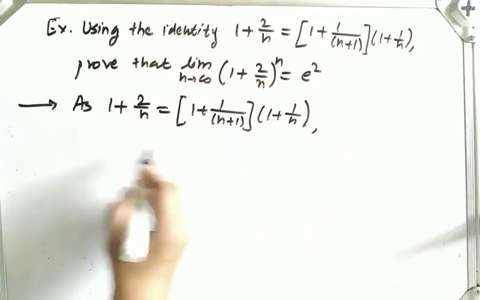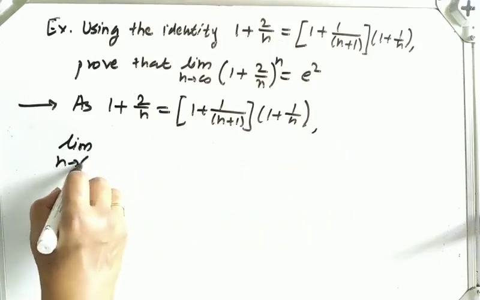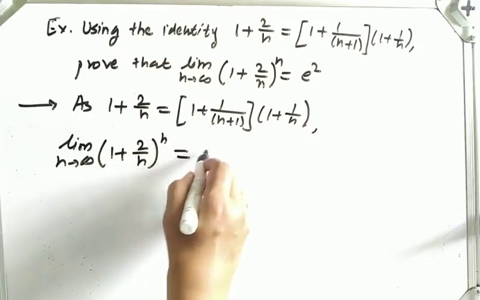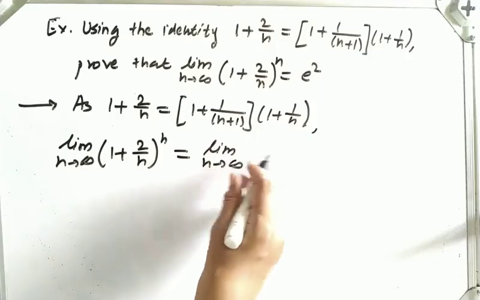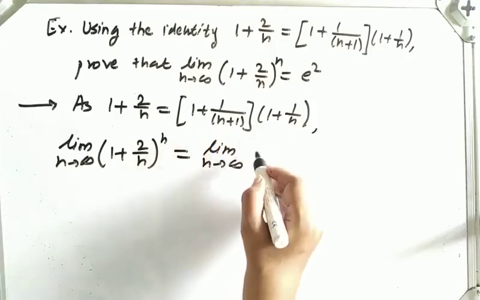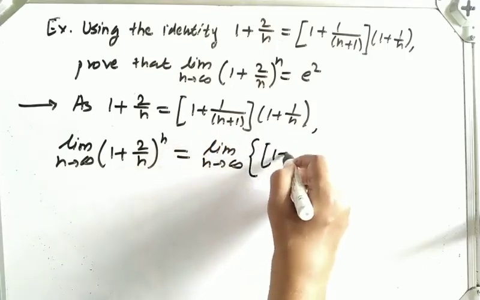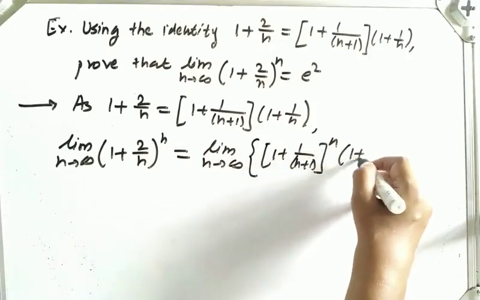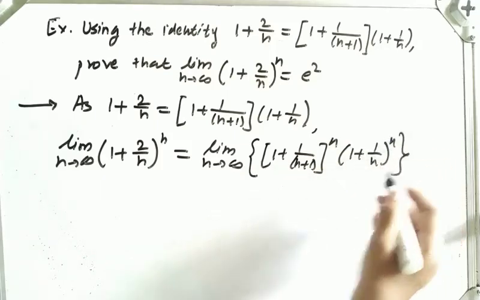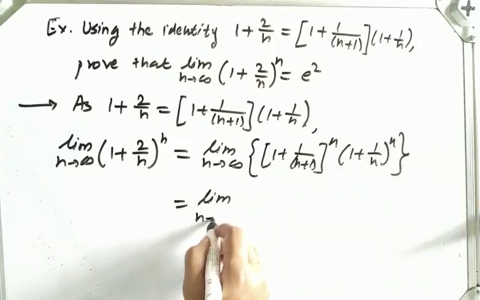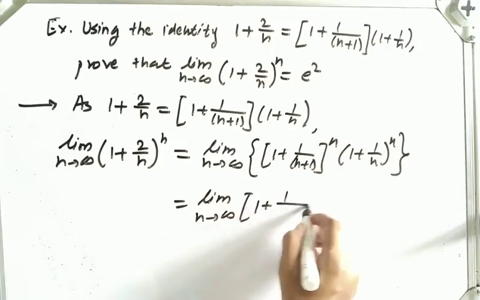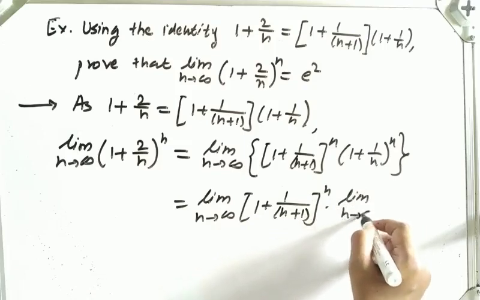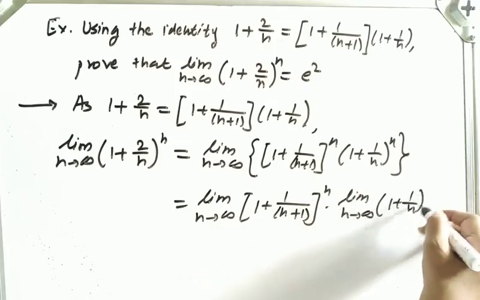So we can write limit n tends to infinity of (1 plus 2 upon n) raised to n, taking the nth power of both of these: (1 plus 1 upon n plus 1) raised to n into (1 plus 1 upon n) raised to n. That is limit n tends to infinity of (1 plus 1 upon n plus 1) raised to n into limit n tends to infinity of (1 plus 1 upon n) raised to n.